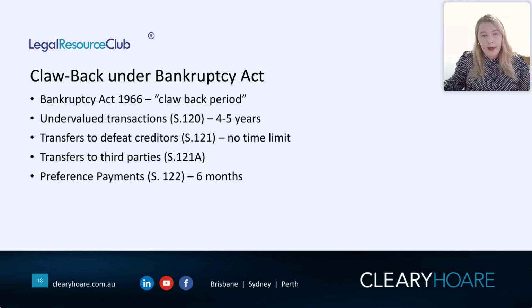So we need to be aware of these provisions, particularly in terms of the different timing provisions, with the end result being that it's definitely better to implement this type of work sooner rather than later.